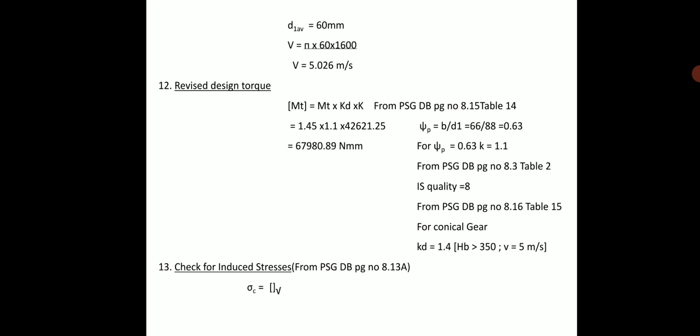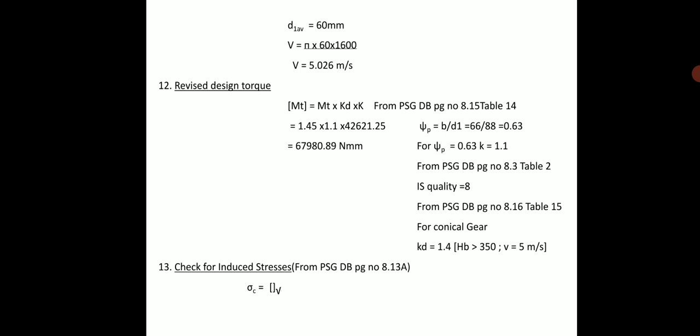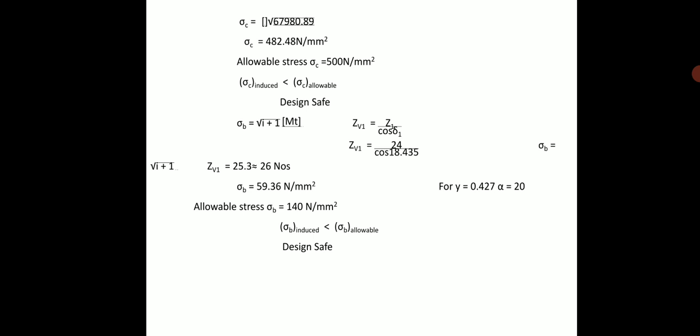The revised design torque [MT] is equal to MT into KD K. By getting the values of KD and K, we are substituting and getting [MT] is equal to 67980.89 Newton mm, and checking for induced stress. The formula is from page number 8.3, and we are getting 482.48 Newton per mm square.